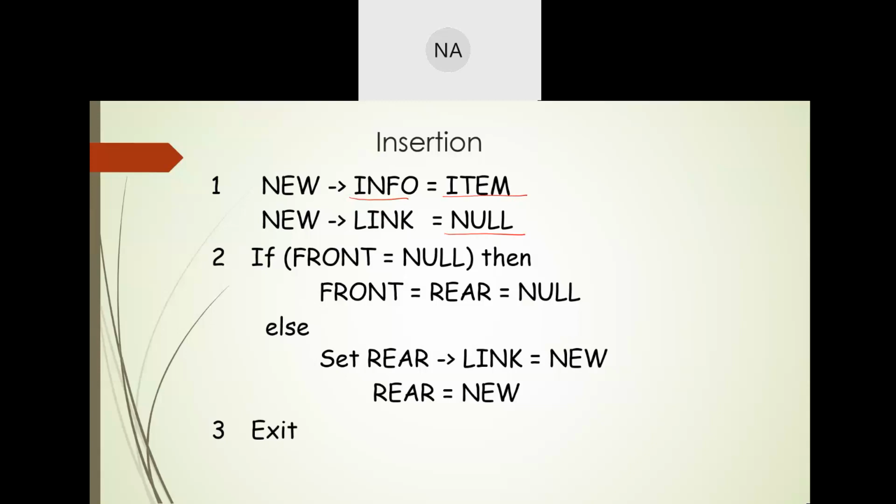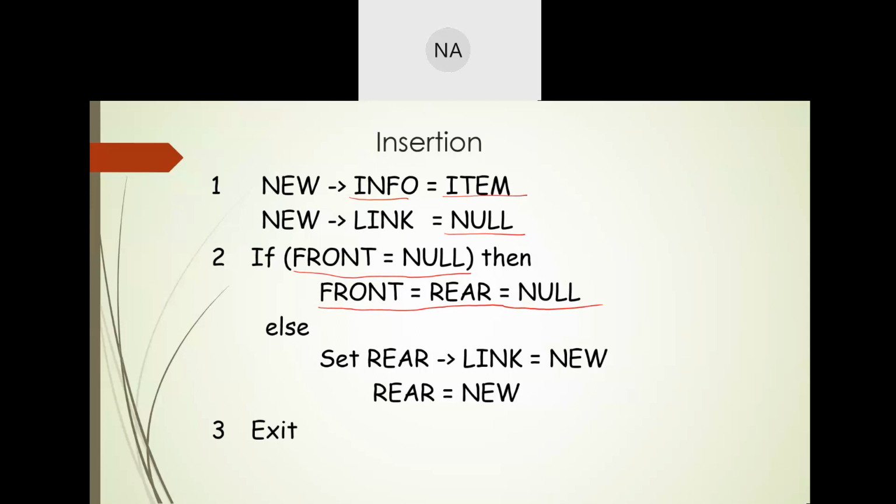Then we check if the list is already empty or not. If the list is empty, that is if the front is null, it means that this new node will be the first node. In that case, we will store front equal to rear equal to new.